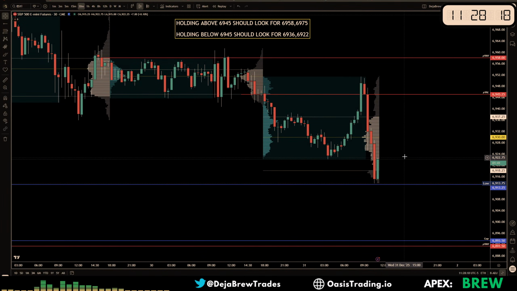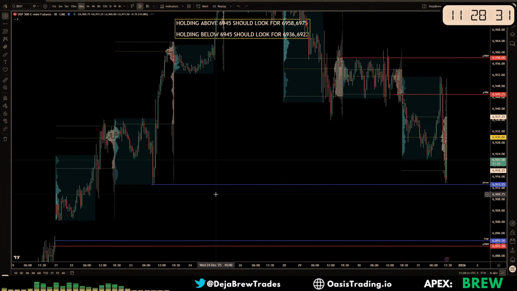If it does continue up, just look for the rotation. If it breaks through VWAP, rotation goes to 37. It's bottoming on that lower level that we had around 13, almost to the exact tick. So they are finding a little bit of support on Tuesday. That was Tuesday the 23rd.